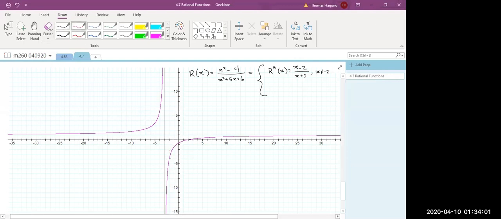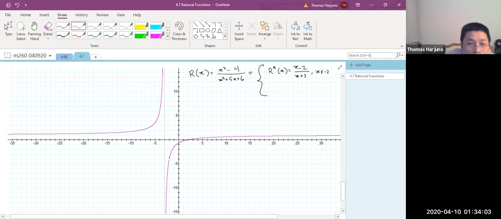There's a hole there. So the graph of R(x) and the graph of R star of x are actually the same graph, except at that one point. When x equals -2, it becomes undefined.